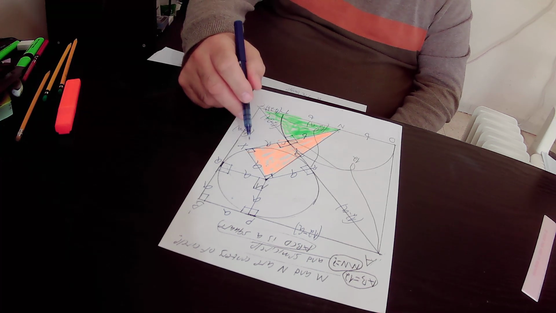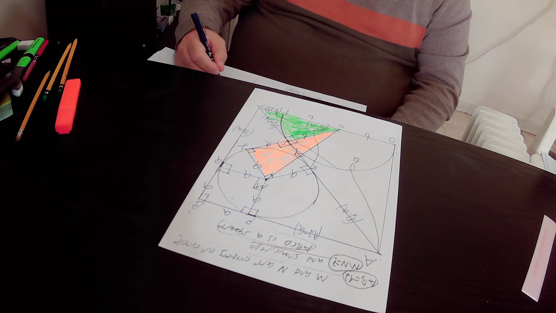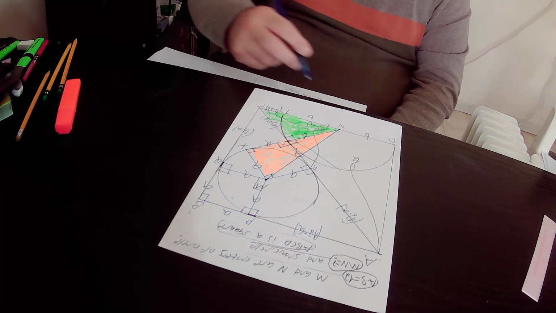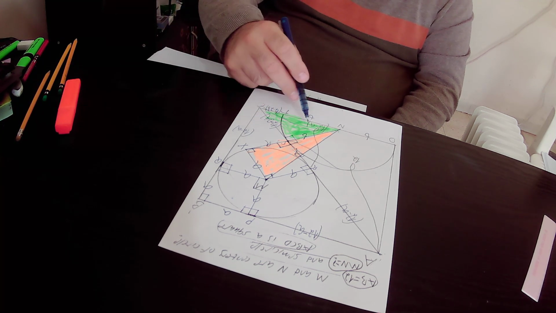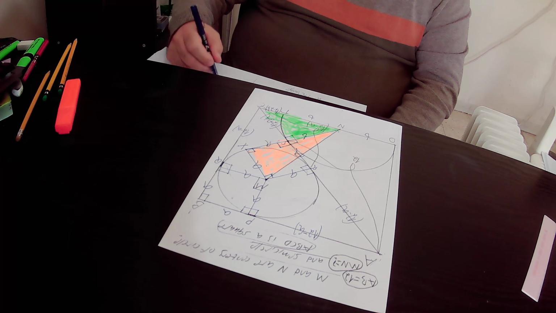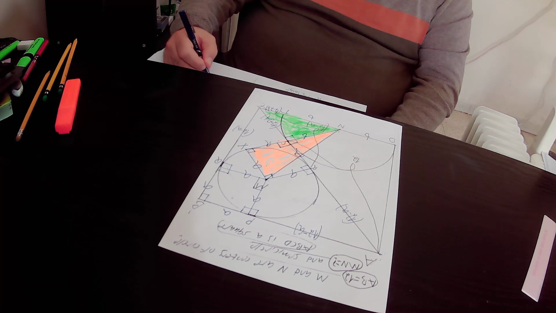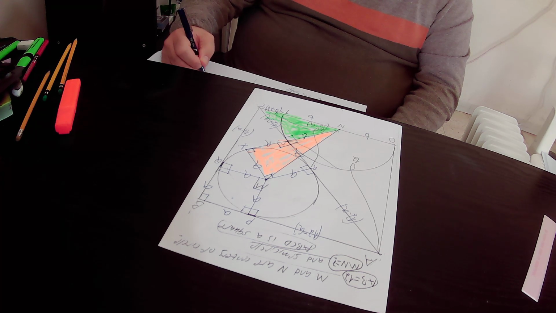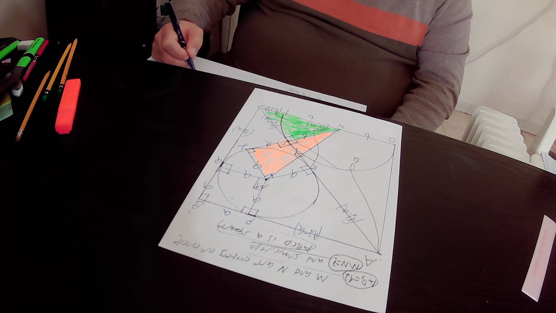MX equals A, so MX squared is A squared, plus NX squared. NX equals A plus B, so XN squared will be equal to (A plus B) squared.